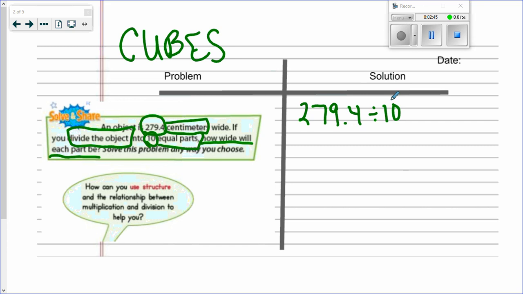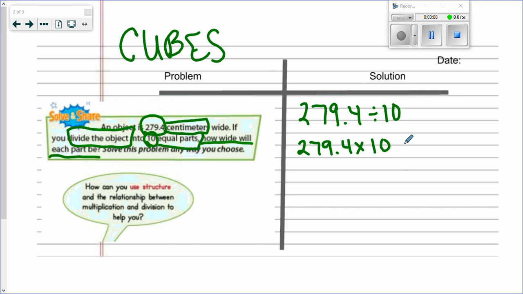All right, so I'm going to think about what I know about multiplication and division, and it's an inverse operation. It's kind of the opposite of each other. So I want to think about when I'm multiplying 279 4/10 times 10, how this works, because it's going to give me a clue about how I can use this pattern to divide.